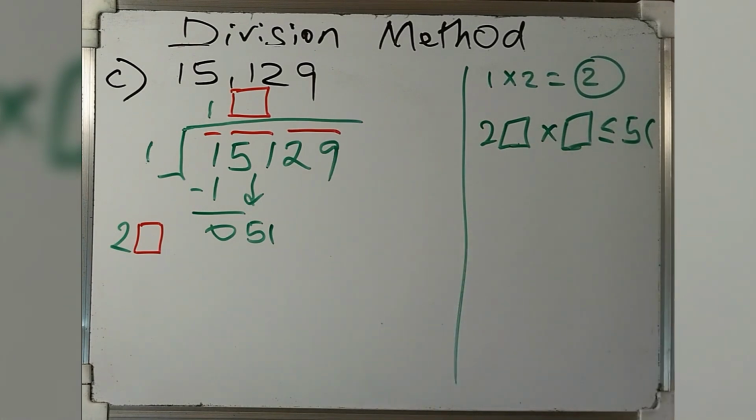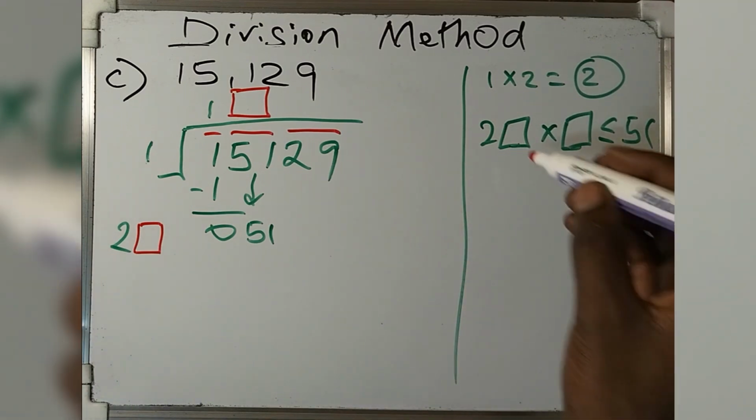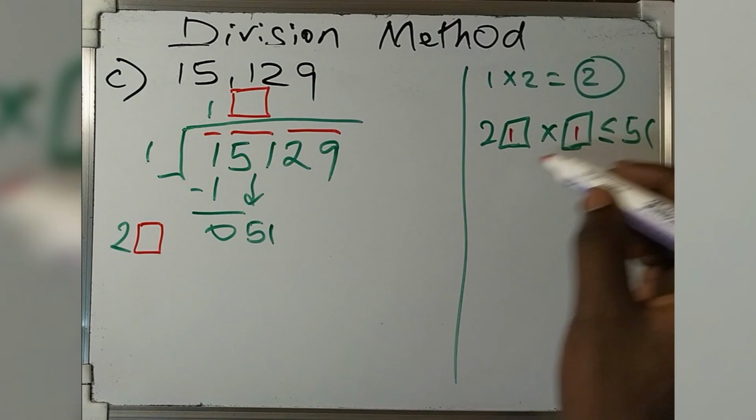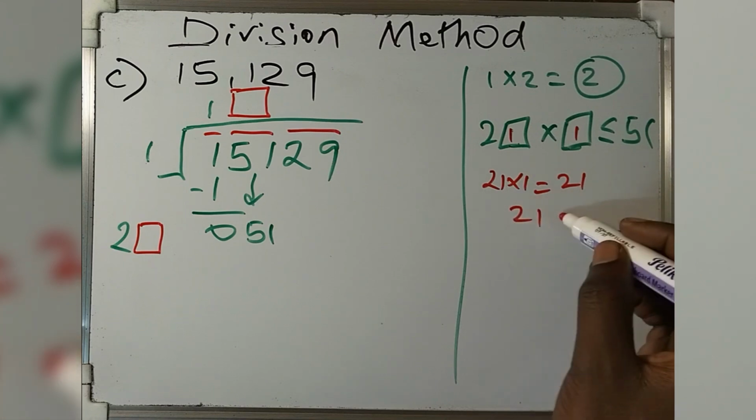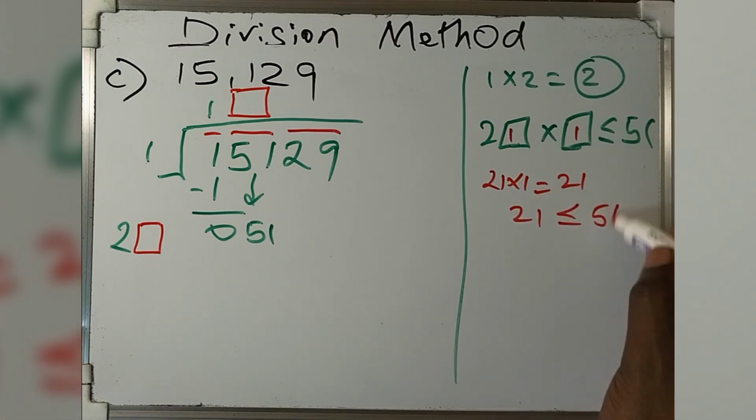So we can try any number. Let's start by trying 1. If you place 1 here and 1 here, we'll have 21 times 1, which will be 21. Then 21 is less than 51. 21 is way lower. So let's try 2.